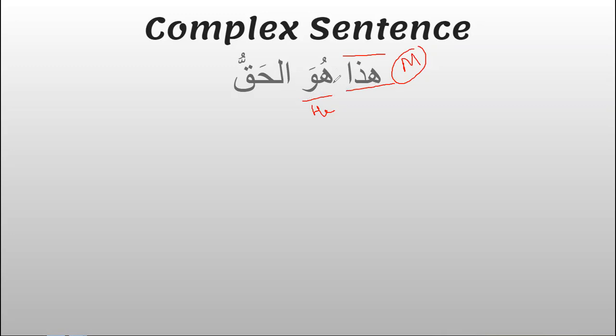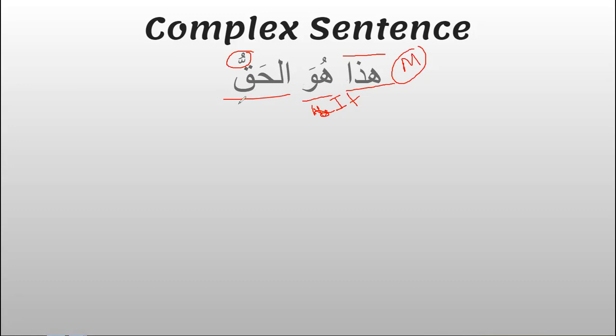This is describing the same thing. Haza, and huwa is not only translated as he, it could be translated as it. So haza is one mubtada, huwa is the second mubtada, and al-haq is the khabar part over here, because haza huwa is not answering our query. It is, or this is truth. So it is emphasizing the mubtada twice.